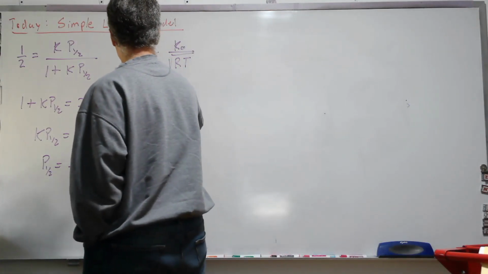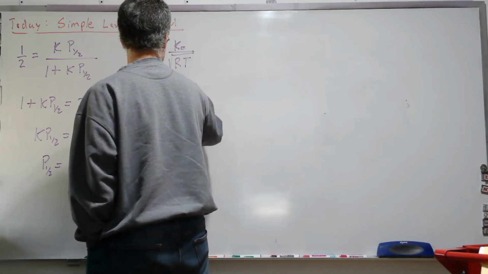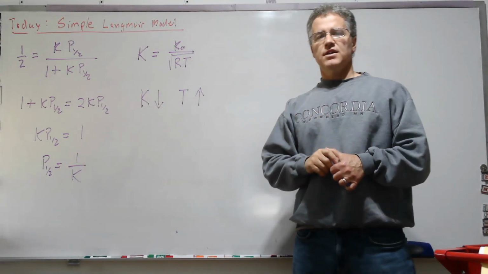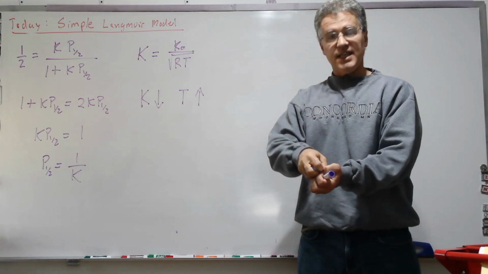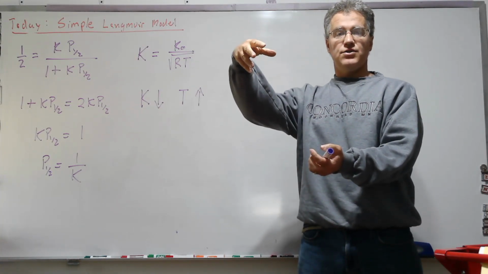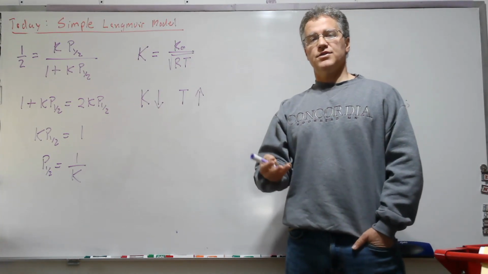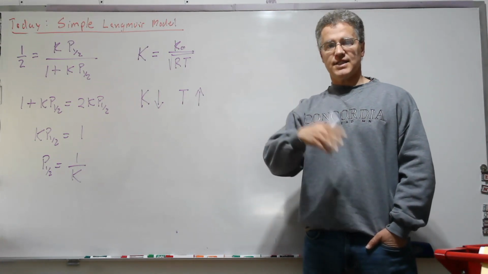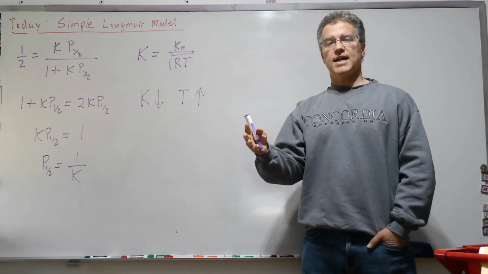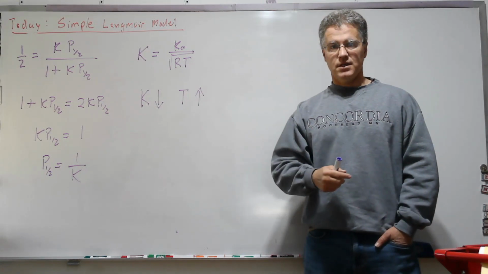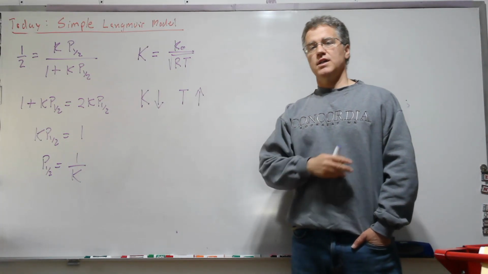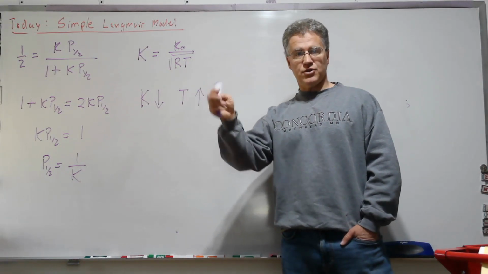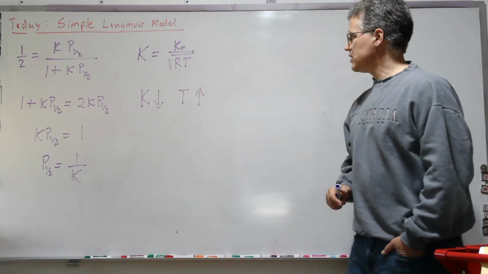So K goes down as T goes up. If we think about that, I think that makes some sense. As we heat up the system, it's easier for the molecules to desorb from the surface. And so for similar conditions except a change in temperature, we would expect the system to shift to more desorption as we raise temperature and more adsorption as we lower temperature.